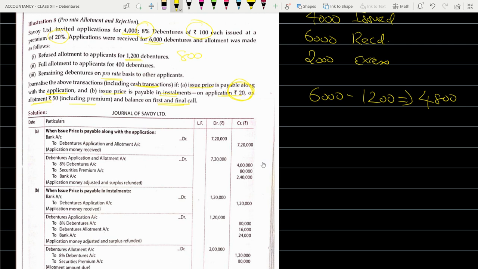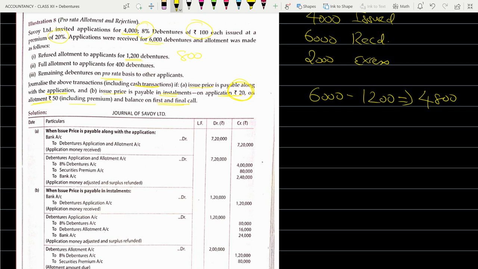Be careful, don't be in a hurry. The amount of debenture application is mentioned as 20. Okay, 6000 debentures we have received, but it is a case where number one is lump sum and number two is installment.